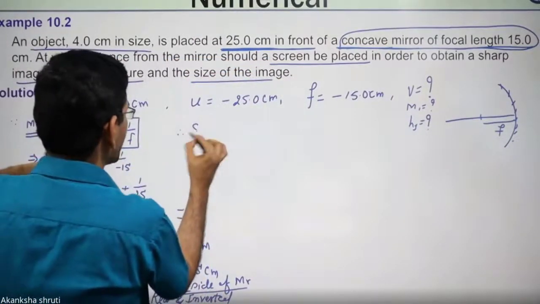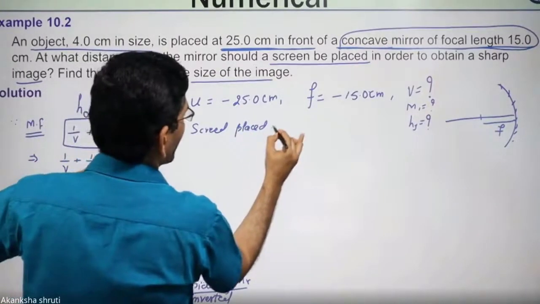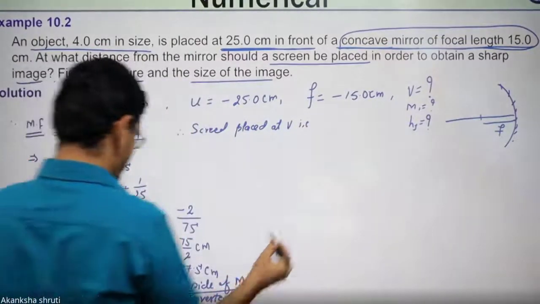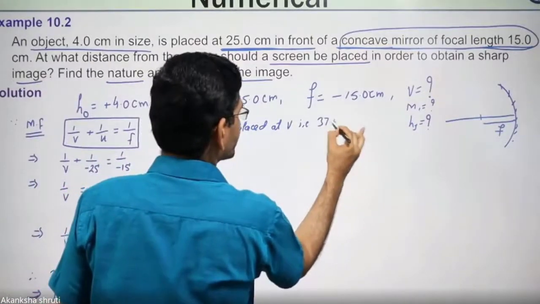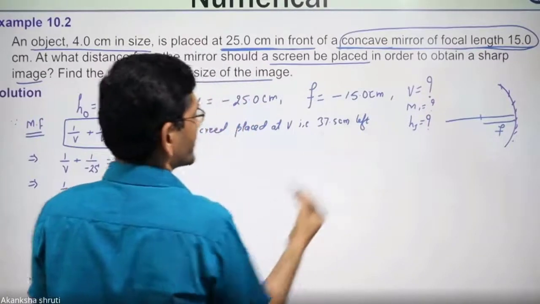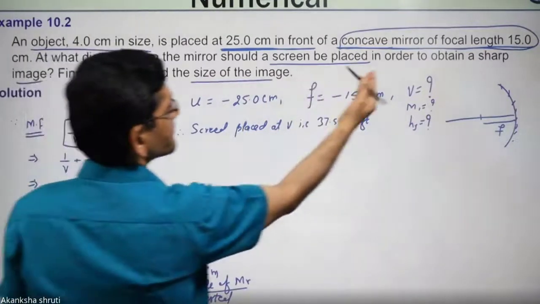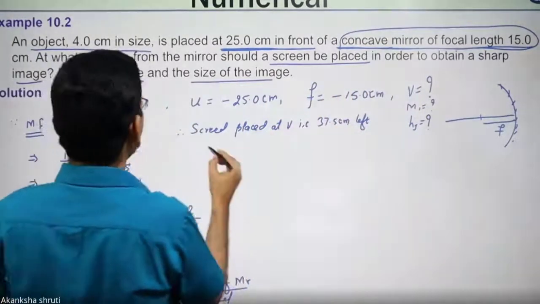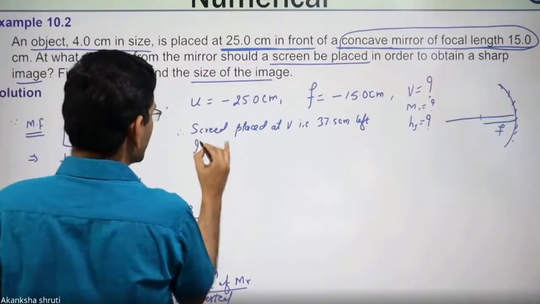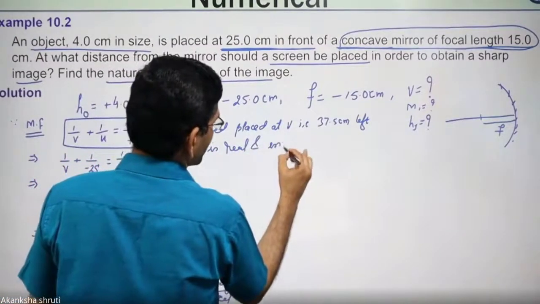The screen is placed at V, which we have calculated as 37.5 centimeter, left side, in front of the mirror. Regarding nature, whether real or virtual, it is real and inverted.